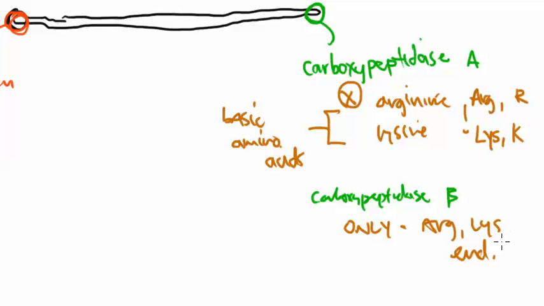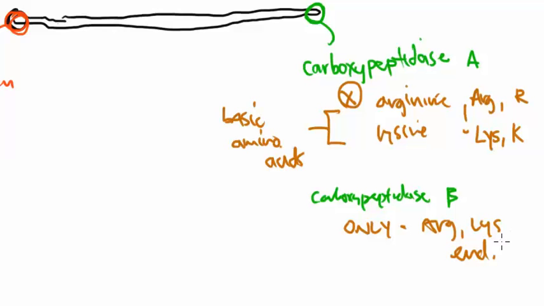So we do have two versions of carboxypeptidase. Now, there are actually other versions out there, but A and B are the most common. So A cleaves it all off as long as it's not arginine or lysine, and B only cleaves if it's arginine or lysine. So very, very important.